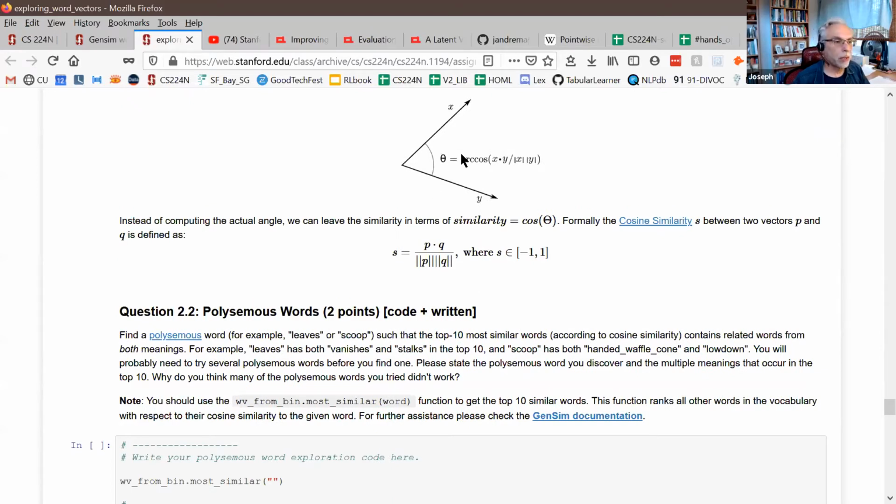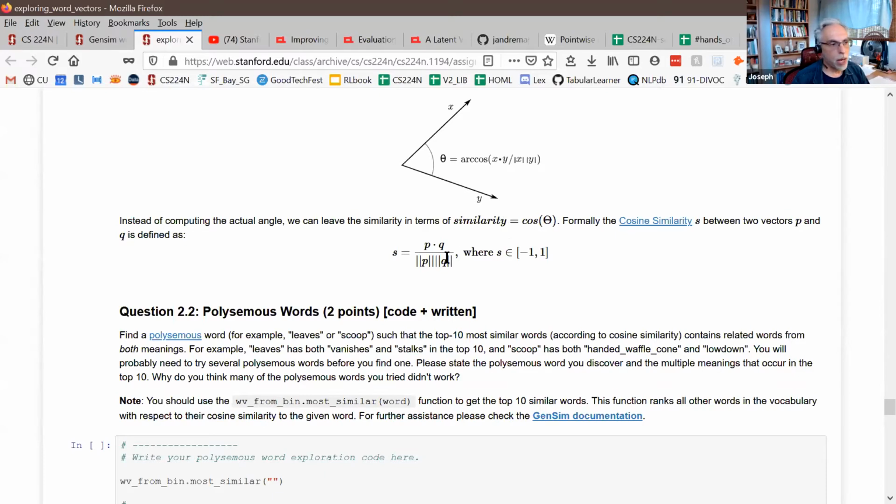So what is the cosine distance? Well, if you take the dot product between two vectors, you remember this from your high school class, A dot B is the magnitude of A times the magnitude of B times the cosine of theta. So in this case, P dot Q, the dot product of P and Q, is going to be the magnitude of P times the magnitude of Q times the cosine of the angle between them.